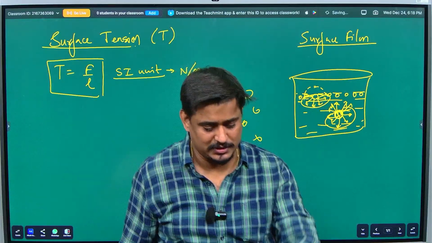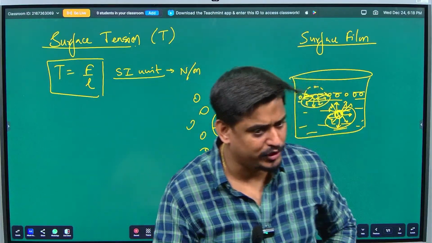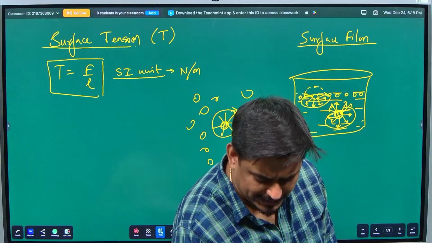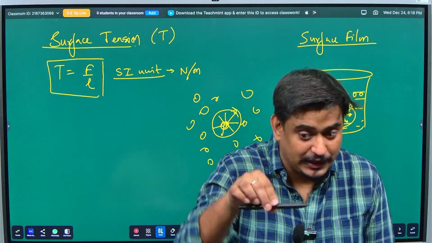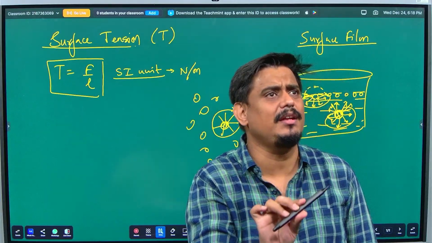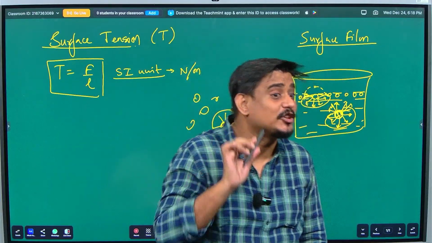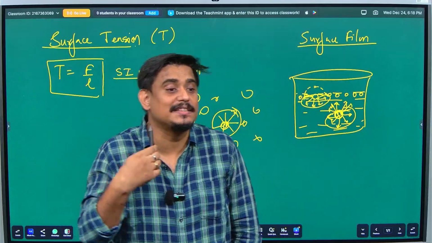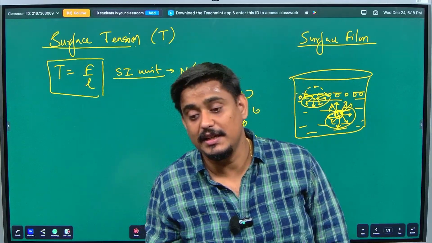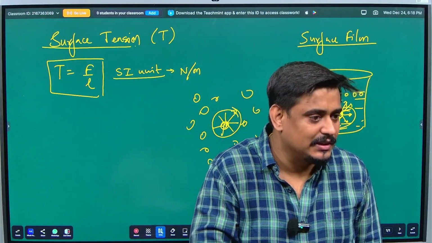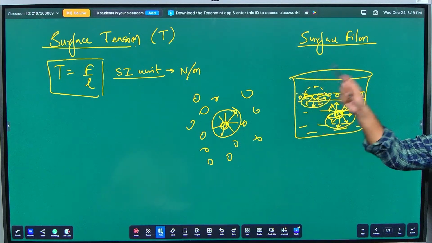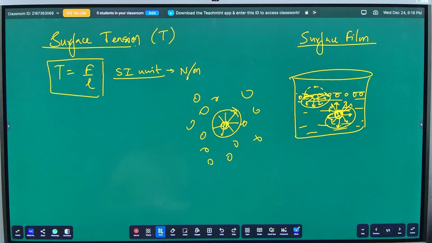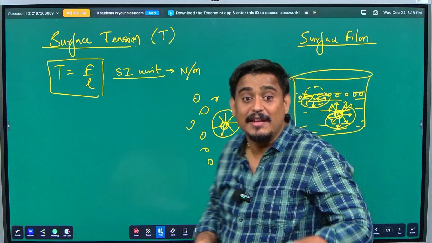Suppose there is a pen here, and its potential energy is x. If I bring it up here, its potential energy increases, but it becomes more unstable. It can fall anytime. Whenever the potential energy of anything increases, it also brings less stability. So the molecules in the topmost layer, since they have higher potential energy, have less stability.